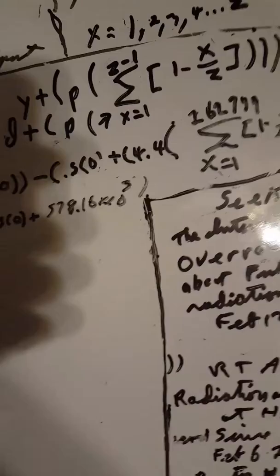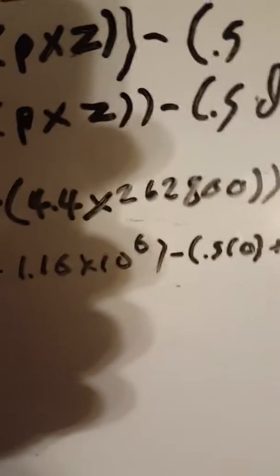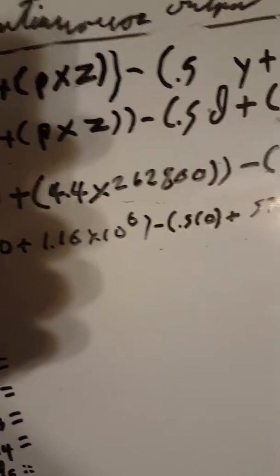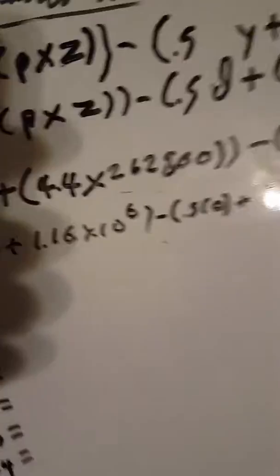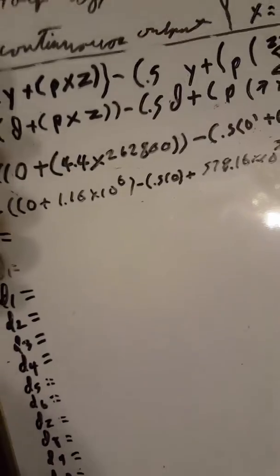Now, once you calculate for z, you have to calculate z differently, and we've got this example down here: 262,800. That's the number of hours that strontium-90 takes to half-life. It's in hours instead of years.